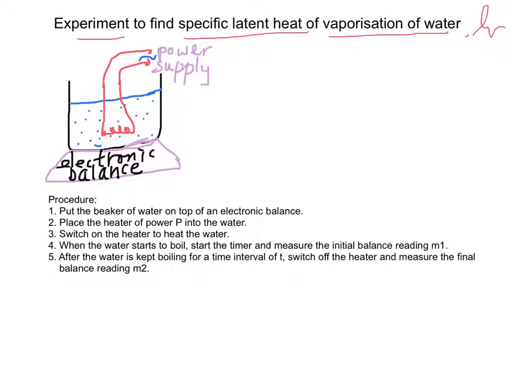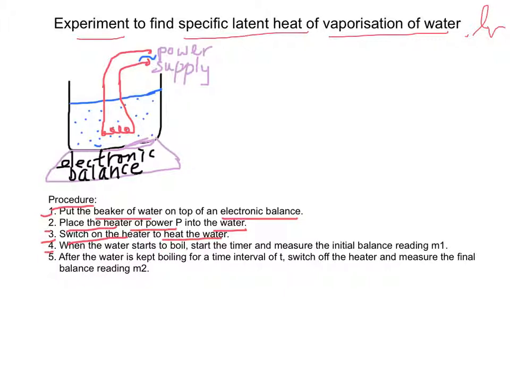The procedures for the experiment are: first, we put a beaker of water on top of an electronic balance. Second, we place the heater of power P into the water. Thirdly, we switch on the heater to heat the water.